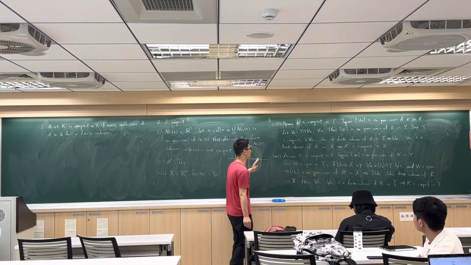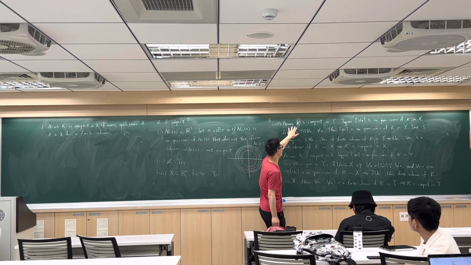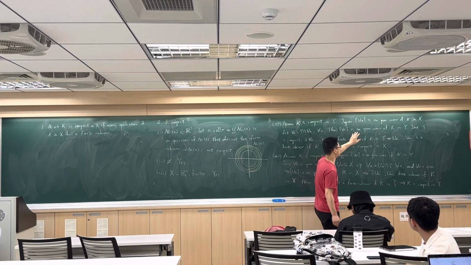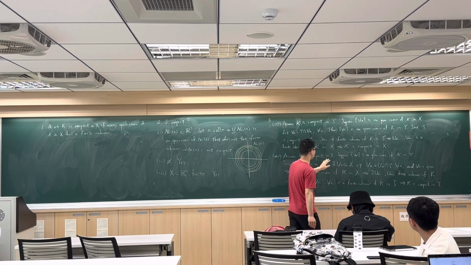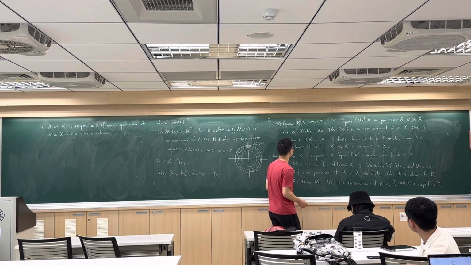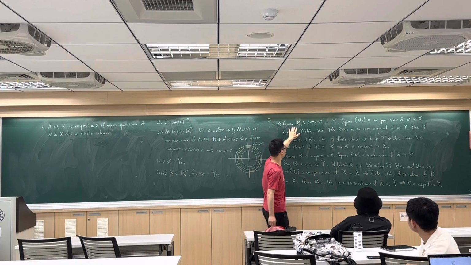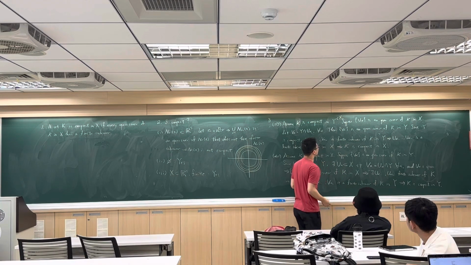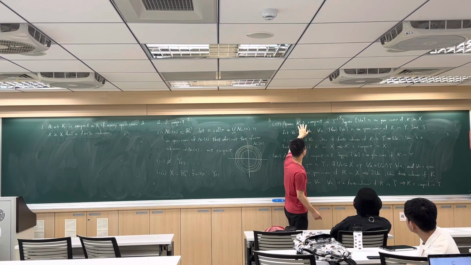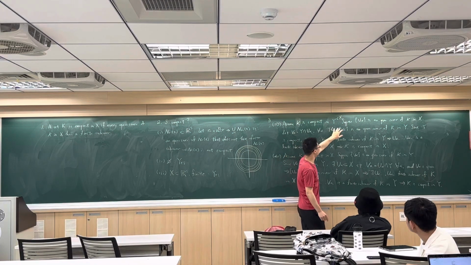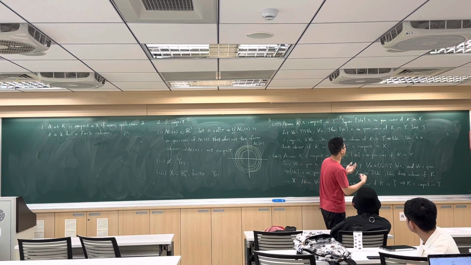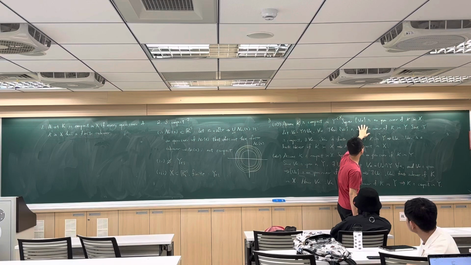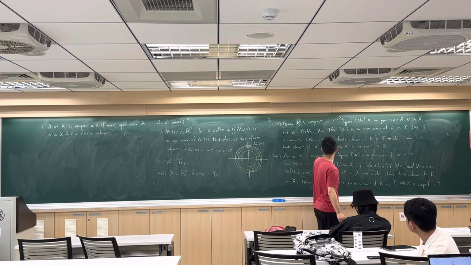Also, the third one: if K is compact in Y, it is compact in X; if K is compact in X, then it is compact in Y. So assume K is compact in Y, which is a subset of X. We want to prove K is compact in X. Suppose there is an open cover of K in X, that is U_alpha.